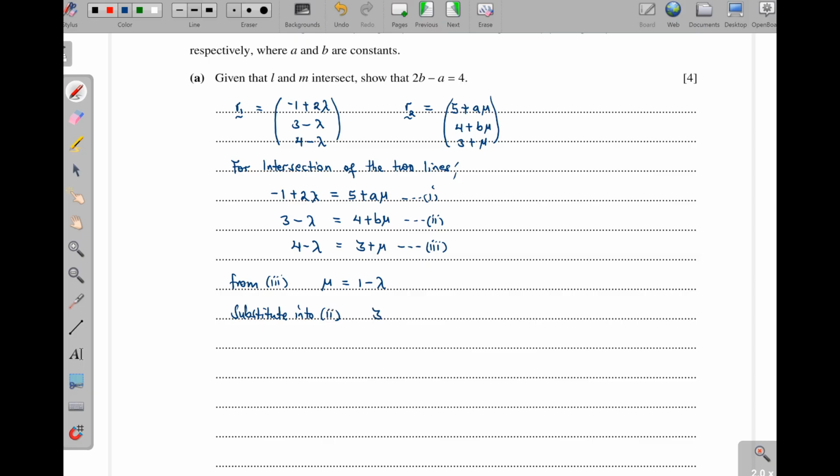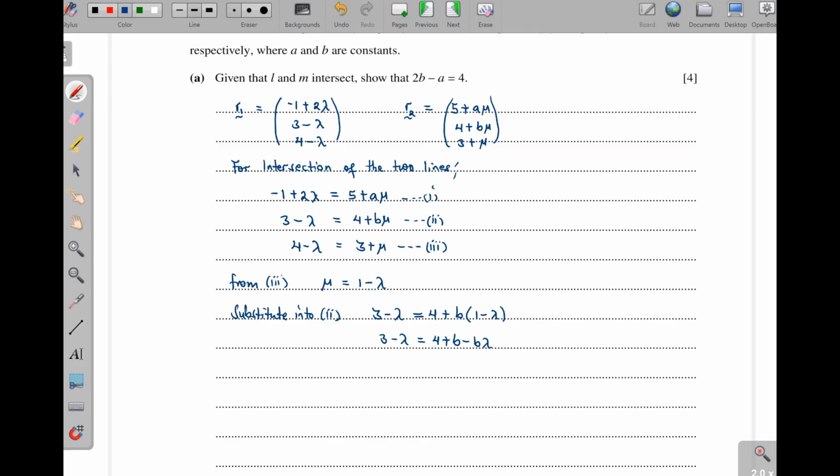So we have 3 minus lambda, then equal to 4 plus b, and then mu is 1 minus lambda, not so? So we can make b the subject of the formula or lambda the subject of the formula. So you have 3 minus lambda, then is equal to 4 plus b minus b lambda.